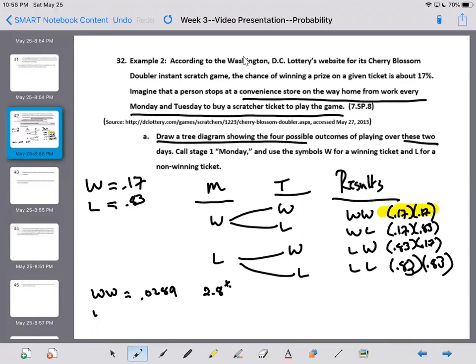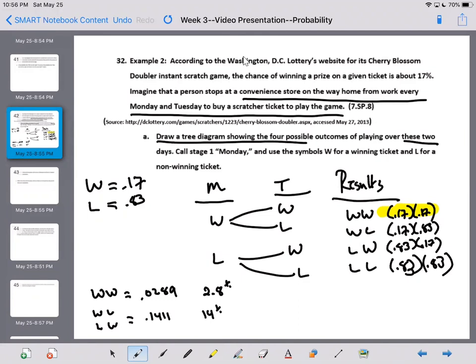The win-loss or the lose-win are both going to have the same probabilities. That's 17% times 83%. So you've got about a 14% chance that you're going to win on one of the days and lose on one of the days.